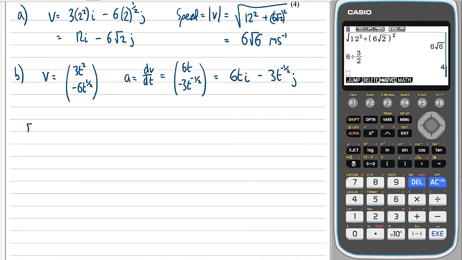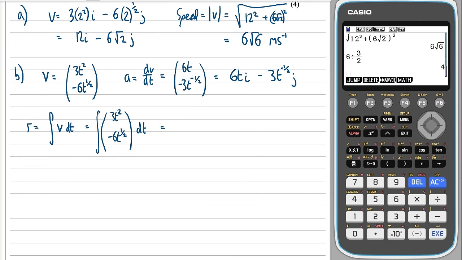The position, which we notate r for some reason, I'm not sure, baffles me every time, we need to integrate the velocity. Again, I'm going to write it in column form because I find it much easier. So I'm integrating 3t squared, minus 6t to the half, with respect to t.